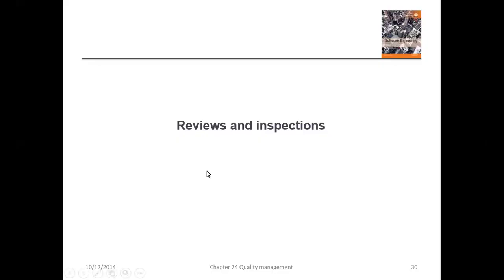Once you are thinking about those things in terms of the quality of the software, you have to put certain practices in place so that whatever you are developing is meeting the requirement in terms of the quality that you want. So we are looking at reviews and inspections.